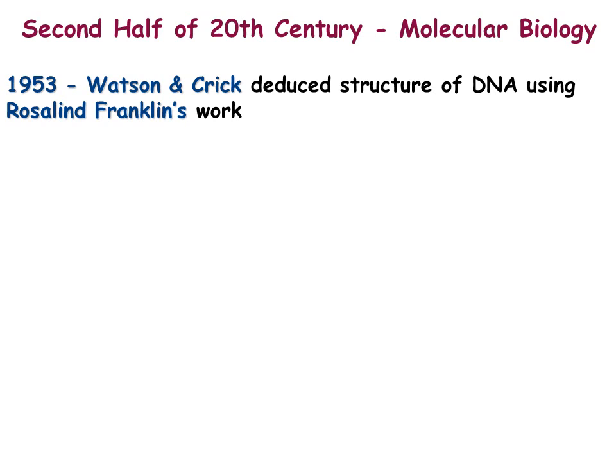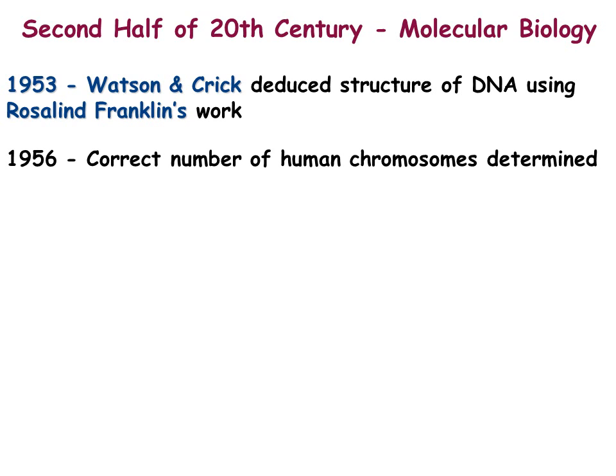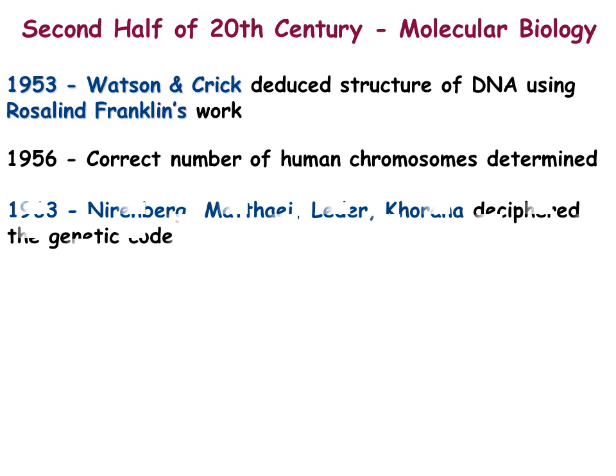Then, just 9 years later, Watson and Crick deduced the structure of DNA using Rosalind Franklin's work. 1956, it took that long to determine the correct number of human chromosomes. In other words, we have 23 pairs, or a total of 46 in every nucleated cell in the human body.